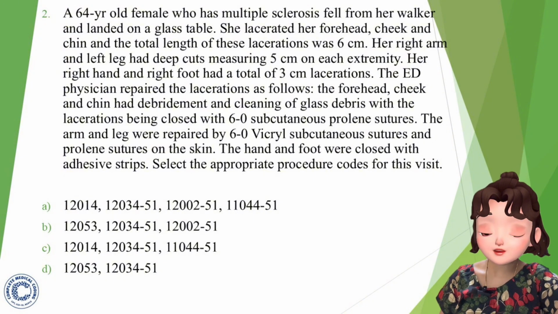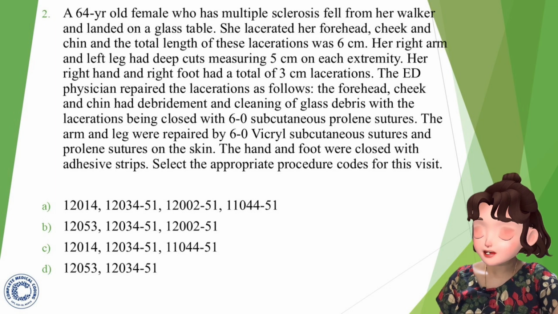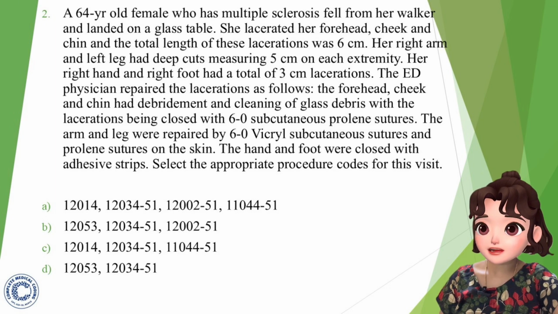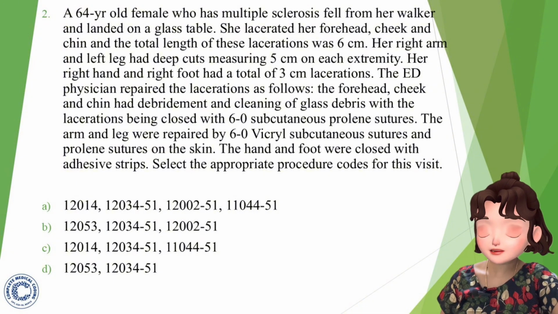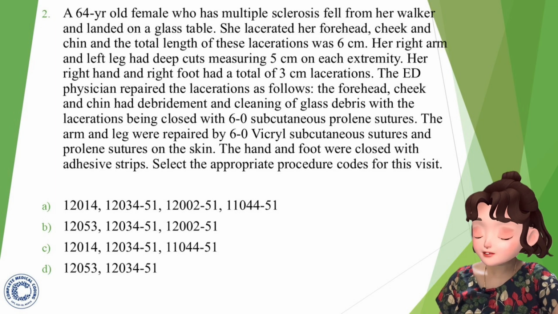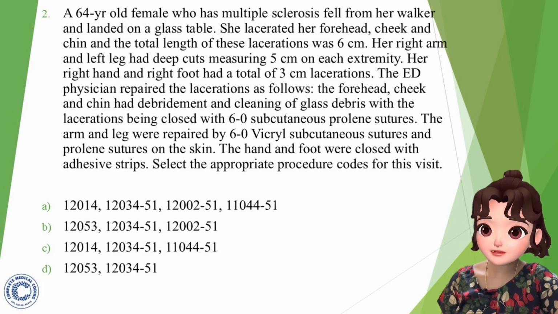Now, what is 12034? Now we have to code for the second part, that is right arm and left leg. 5 centimeter on each extremity. It means total is 10 centimeter. Okay. So what is 12034? Same, intermediate repair, because this is also mentioned as a subcutaneous suture.